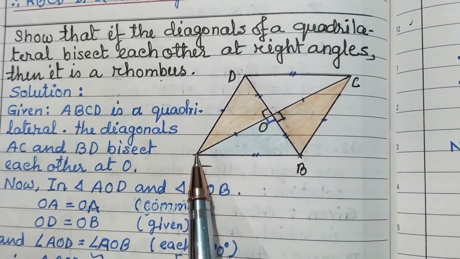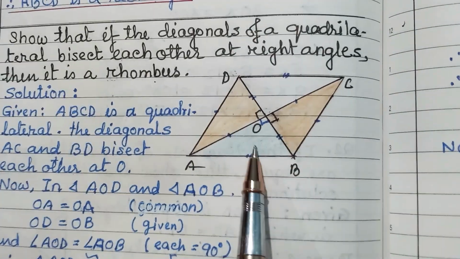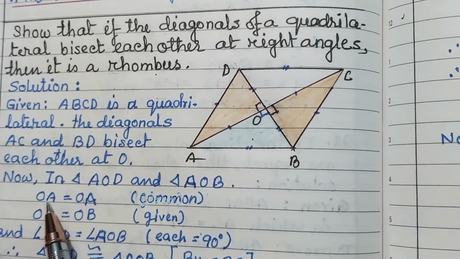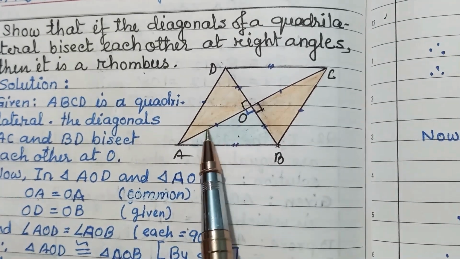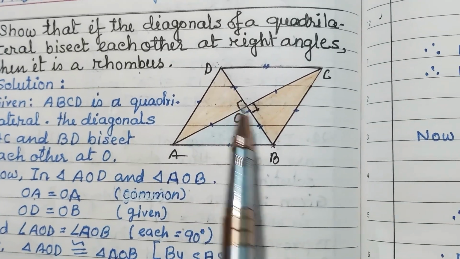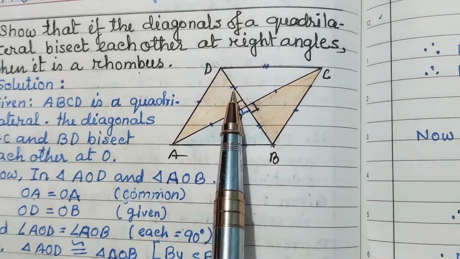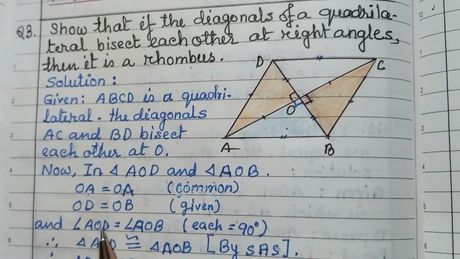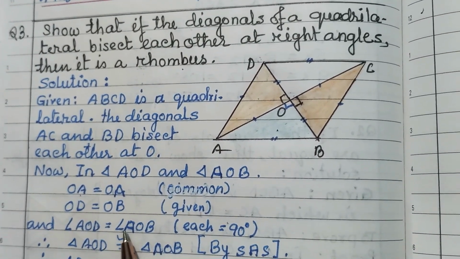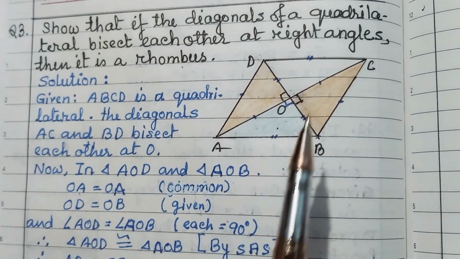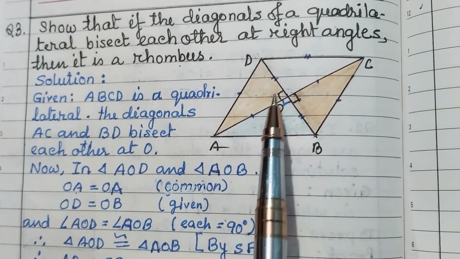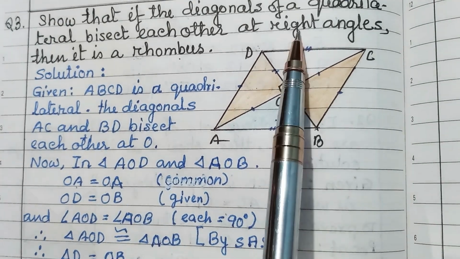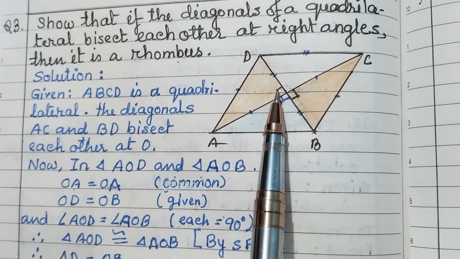In these two triangles, AO is equal to AO, the common side. OD is equal to OB, as given, bisectors. And angle AOD is equal to angle AOB. This right angle is given, they bisect each other at a right angle.